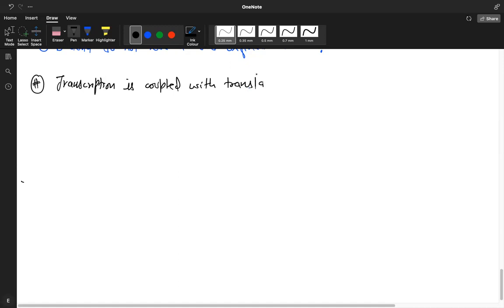Okay, due to two reasons. First is that there is no compartmentalization, or there is no separation of cytosol from the nucleus in bacteria.